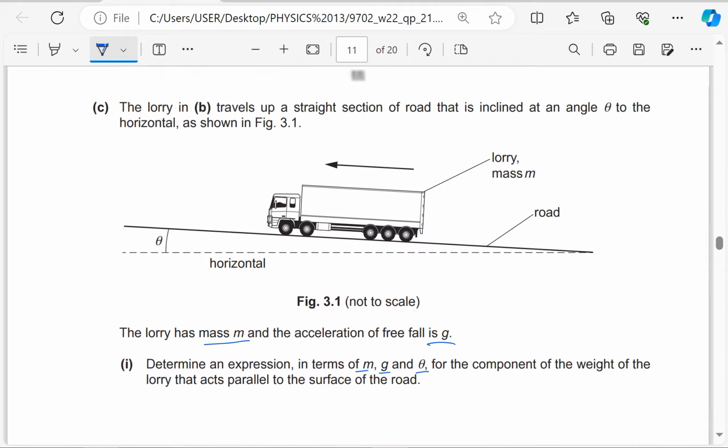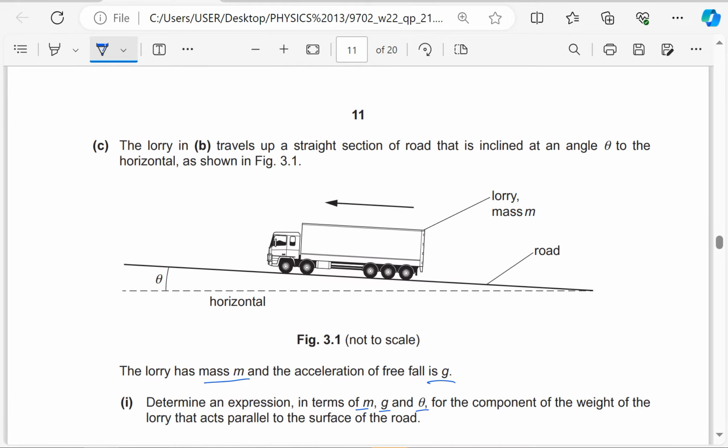So we want a component that acts parallel. Remember, the weight of this lorry acts vertically downwards, not perpendicular to the surface. So this is the weight mg, and remember this angle is theta.